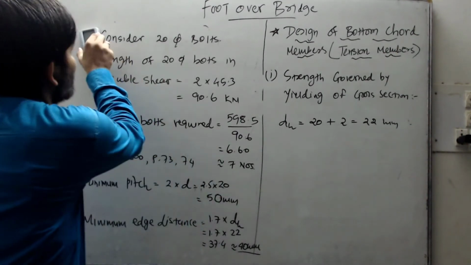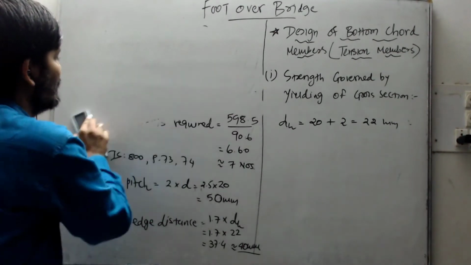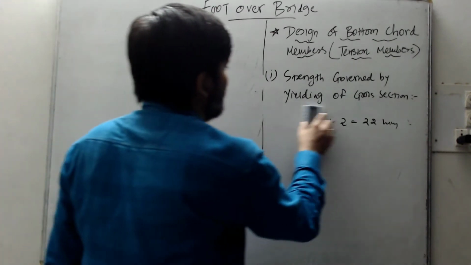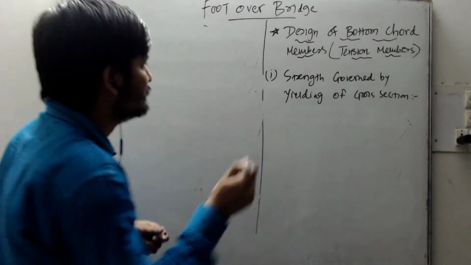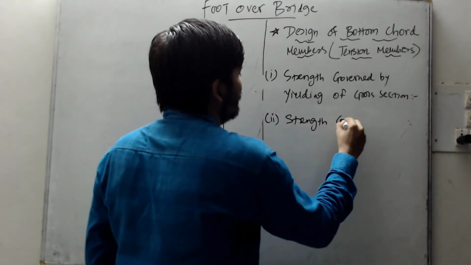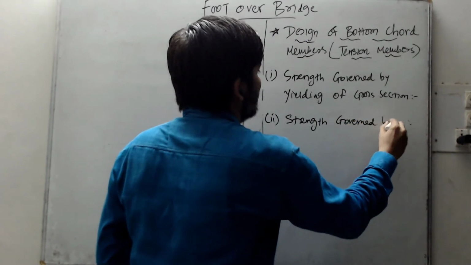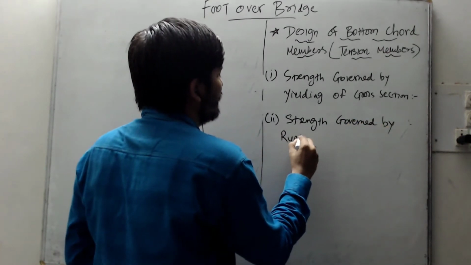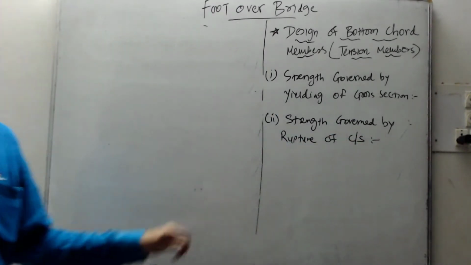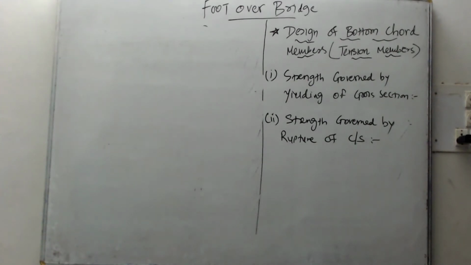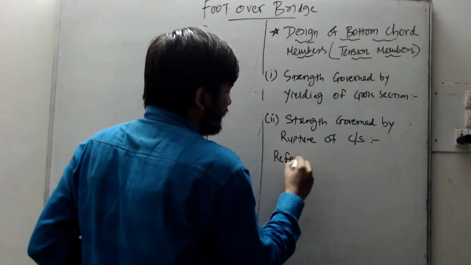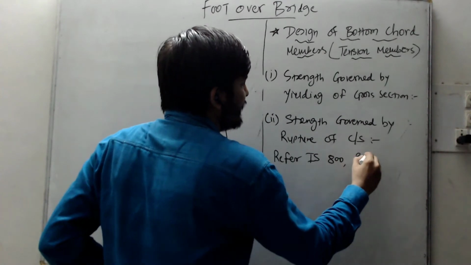So second, strength governed by rupture of cross section. This is again given in IS 800 page number 33. So refer IS 800 page number 33, right?